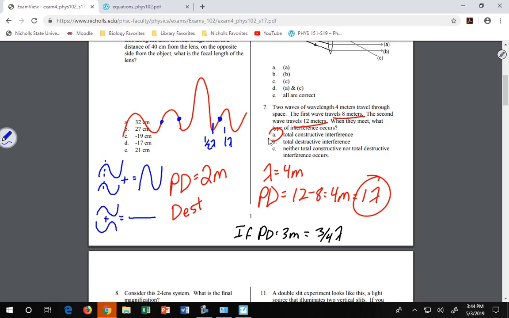So if the path difference divided by the wavelength gives a quarter, then it would be neither. Right. So it's not a half and not a full integer. It's neither constructive nor destructive. Anything else other than an integer or a half, 1.5, 2.5, 3.5.